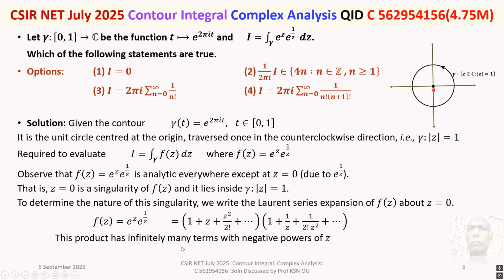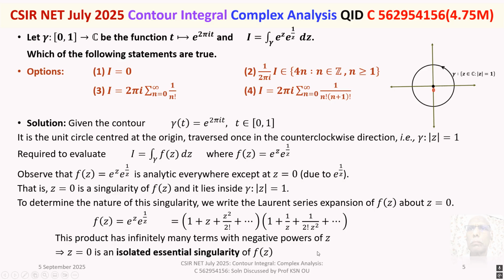This product has infinitely many terms with negative powers of z. We mean to say that the principal part of the Laurent expansion has infinitely many terms. This means z equal to 0 is an isolated essential singularity of f of z.